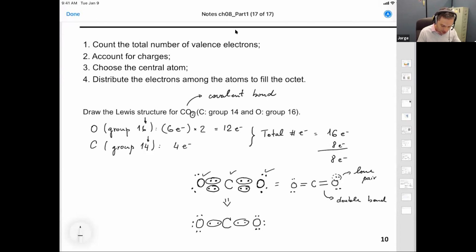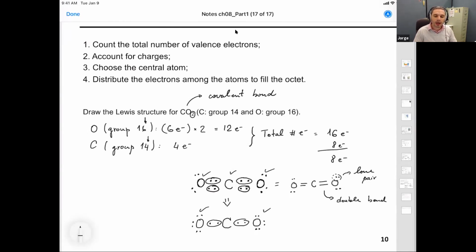And then with that, we spent all the 16 electrons just to draw this structure. Now let's see if all the atoms are happy in the structure, because all of them need to be happy. Oxygen on the left, 1, 2, 3, 4, 5, 6, 7, and 8. That's good to go. The other oxygen is also good to go.